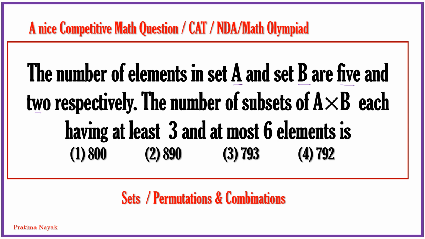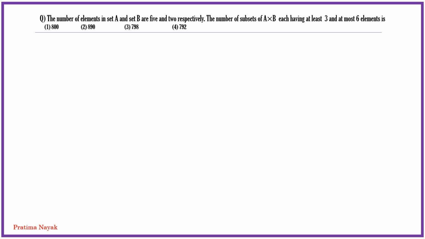The number of subsets of the Cartesian product of A and B, each having at least 3 and at most 6 elements, is. Four options are given for the answer: 800, 890, 793, 792. So let's begin.